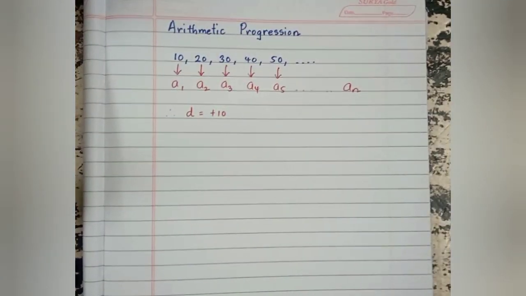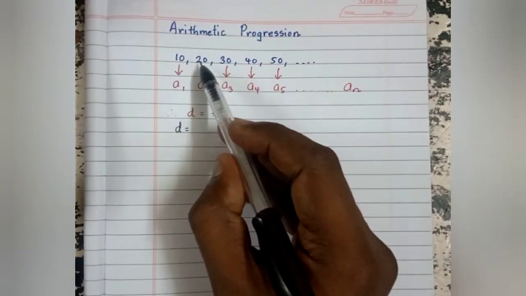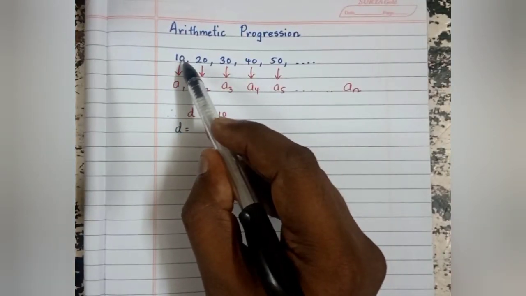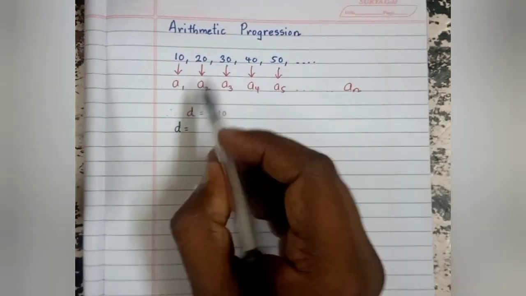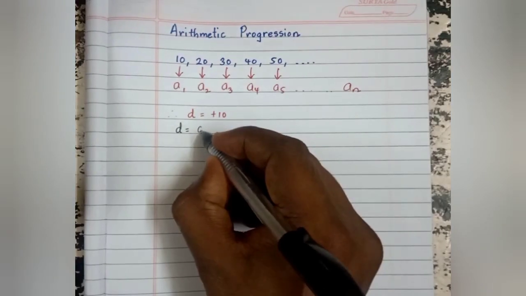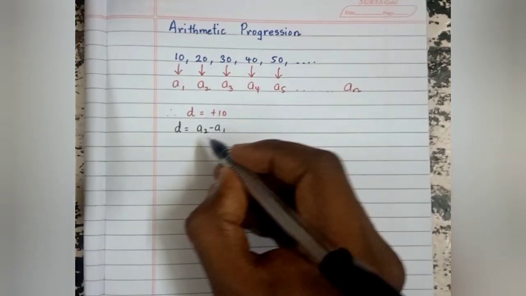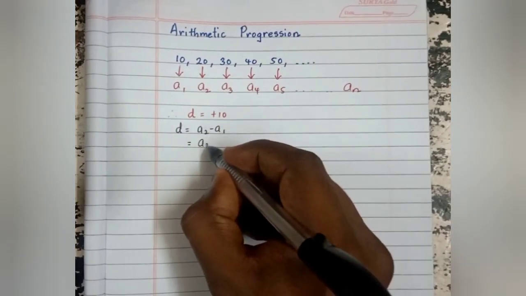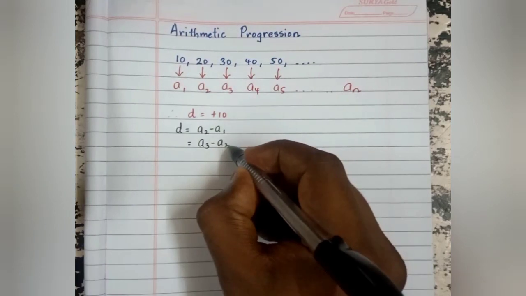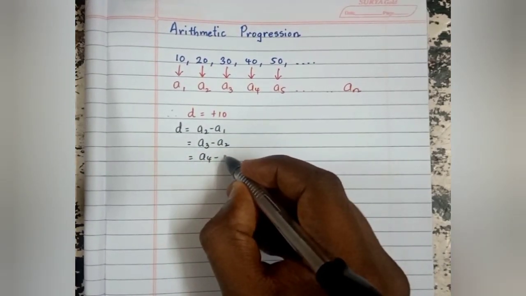Now we can find out common difference by subtracting two successive numbers of AP, that is 20 minus 10 or 30 minus 20 or 50 minus 40. That is A2 minus A1, otherwise A3 minus A2 or A4 minus A3.